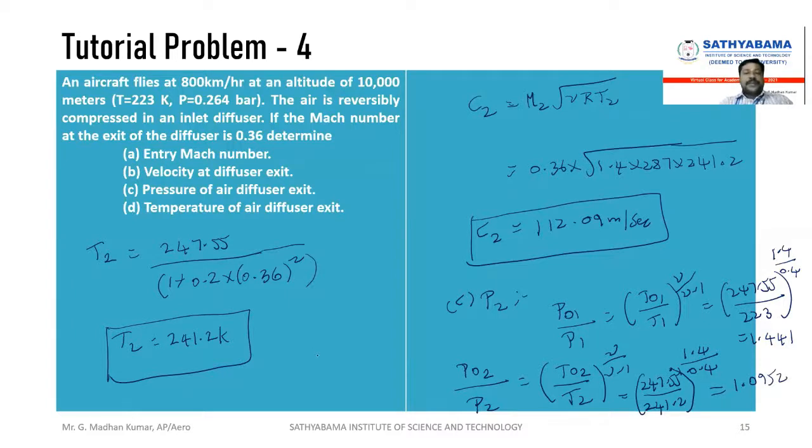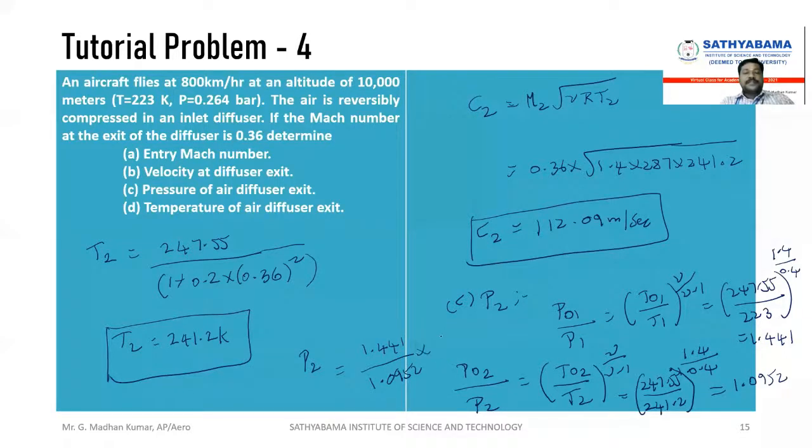Now you have to find P2. So we are going to evaluate P2. You divide these terms, and then multiply with P1. So you are getting the value of P2.